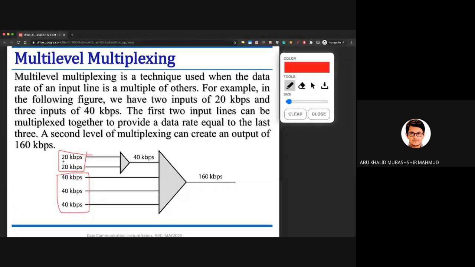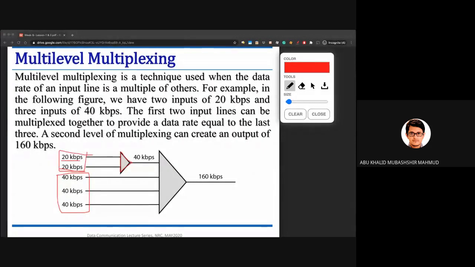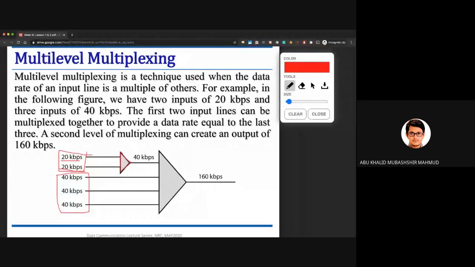What happens here is that we pass these slower channels through a multiplexer, and then we combine them to form a speed that matches the other inputs of the channels, and we combine these four channels to form the final output of the mux.